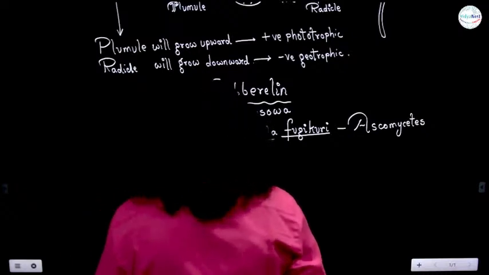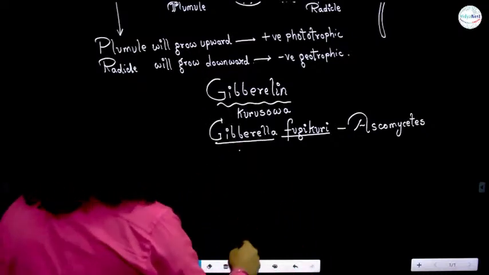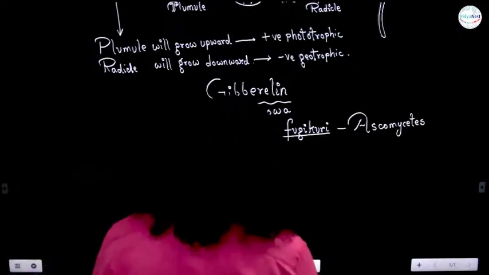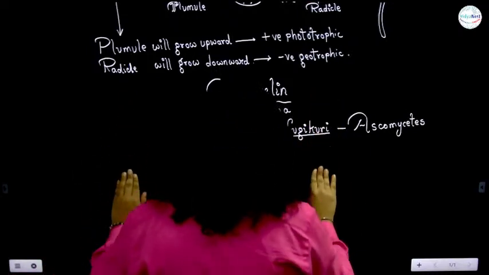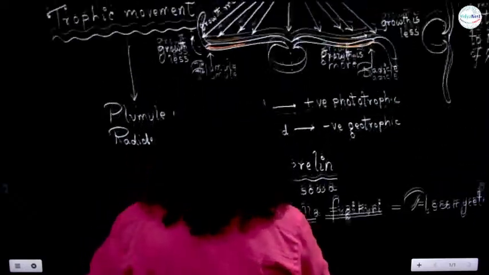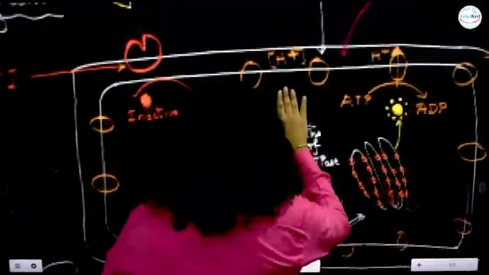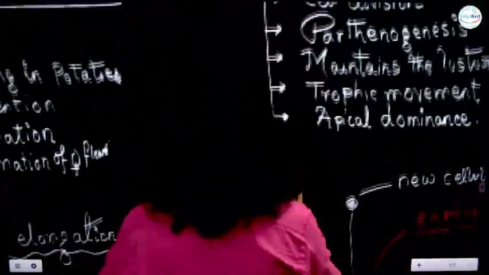And one thing about the auxin, as I mentioned before also, the precursor of the auxin is tryptophan.